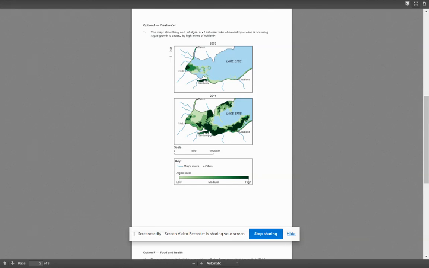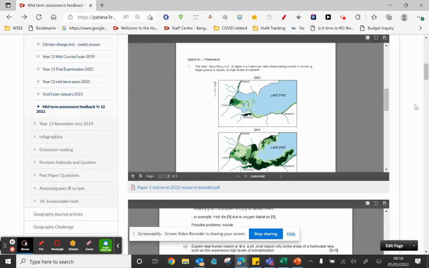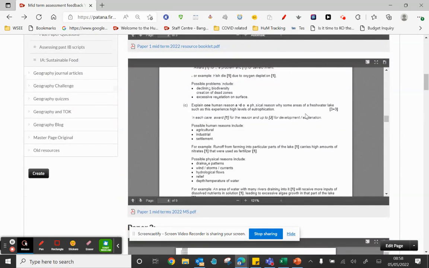So it covers a much larger area. The second point is that the area that is covered has a much higher concentration level of algae, and those would be the best two. Okie dokie, on to the next question.